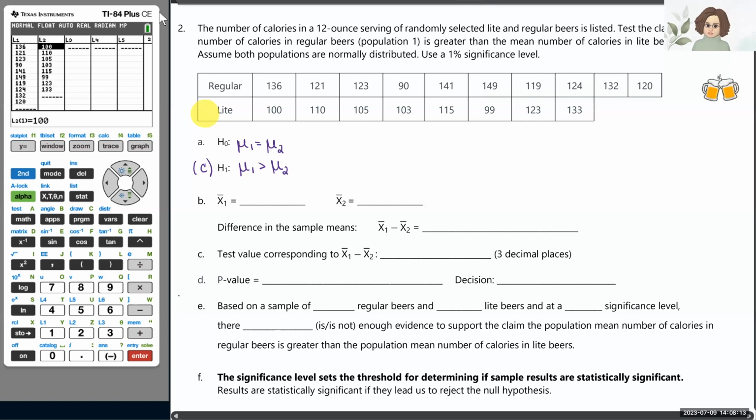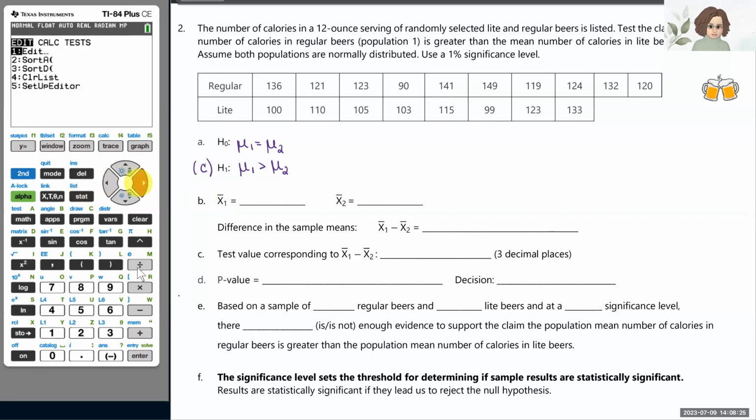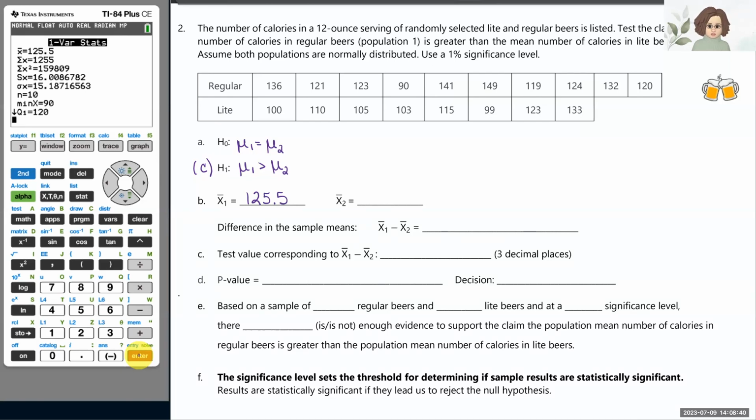I'd like to find the sample means in these cases. We're using samples to draw conclusions about the populations. So let's do 1-Var Stats: stat, calculate, 1-Var Stats. If we don't put anything after 1-Var Stats, by default it looks in L1 and tells me that the average for those regular beers in the sample was 125.5 calories.